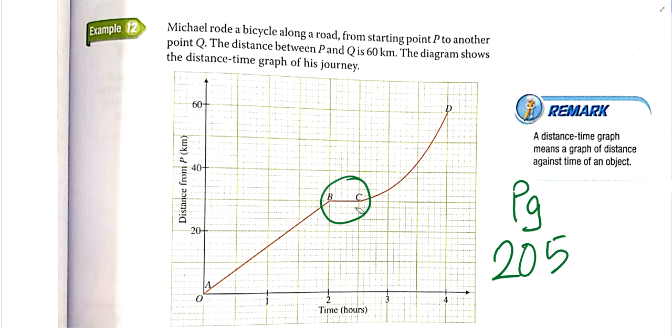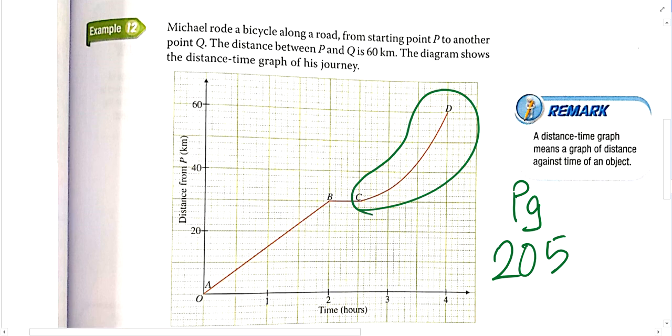Okay, next one. From C to D. What is happening over here? The gradient is increasing, therefore the speed is increasing, therefore there is an acceleration. Is it uniform acceleration?